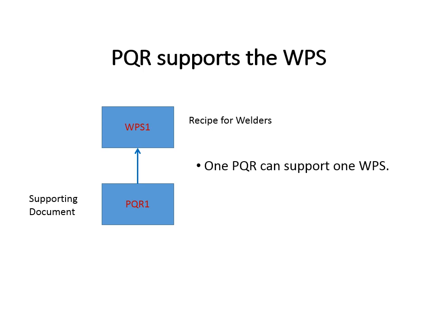A PQR is a document that's like the test run. We welded material A to material B, and we used a certain filler material. We did some bend testing. We did some tensile testing. We showed that we could achieve the desired mechanical properties for our welding procedure, and we wrote it down.